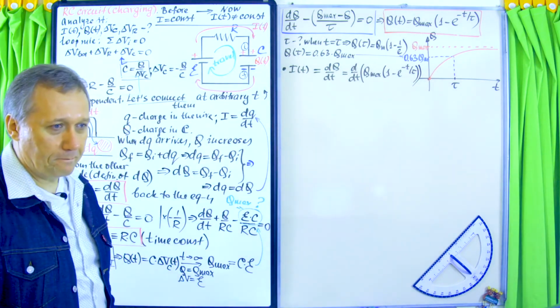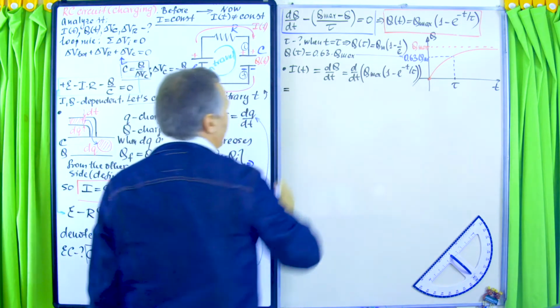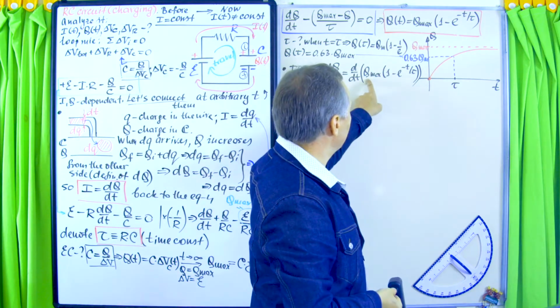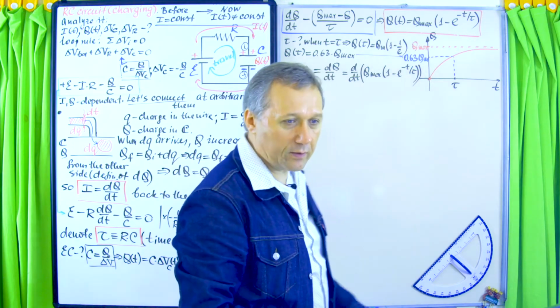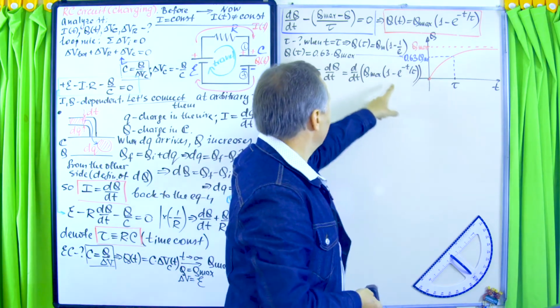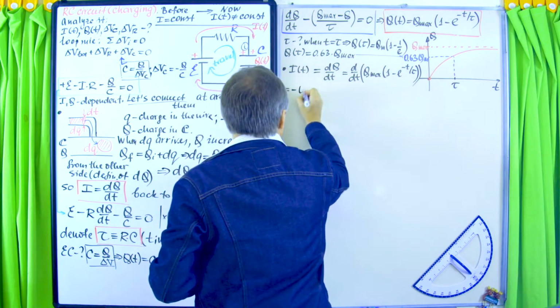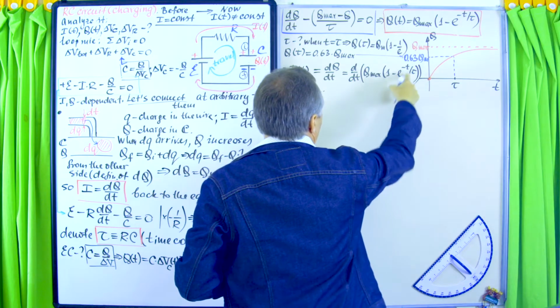Differentiation, at this point, you should be very comfortable, right? First you need to differentiate Q max times 1. It's 0, of course, because when you differentiate a constant it is 0. Then, when you differentiate this, you will get minus Q max, because it's a constant factor. And then you need to differentiate this function.